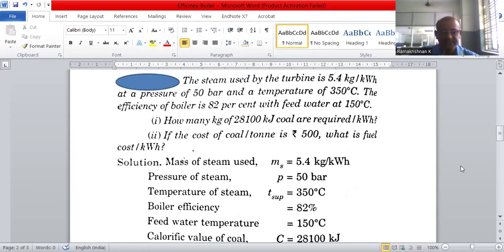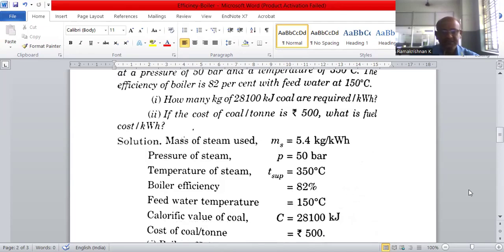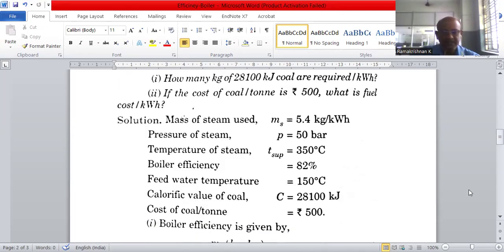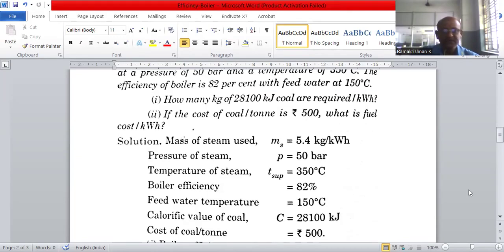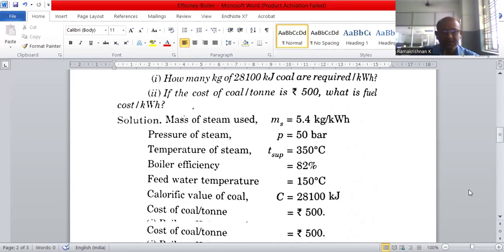Efficiency is 82% and the feed water temperature is 150 degrees Celsius. The calorific value of the coal is given as 28,100 kilojoule, and for 1 ton, the cost of the coal is given as 500 rupees. So first we have to determine the coal consumption, and second the fuel cost per kilowatt hour.